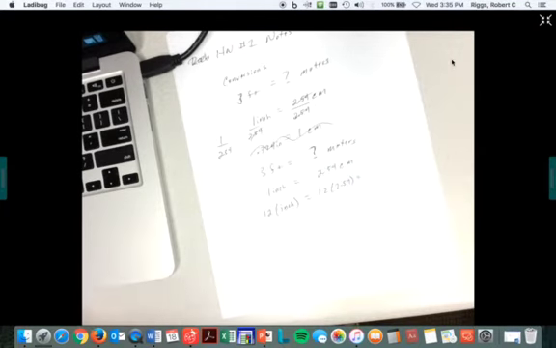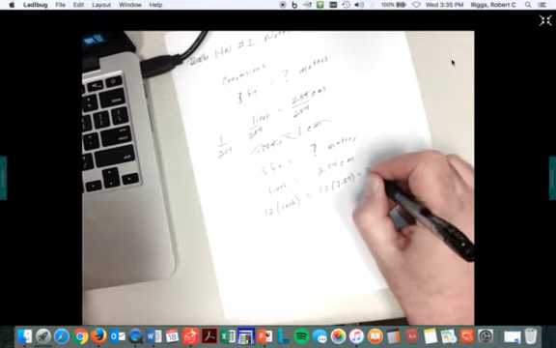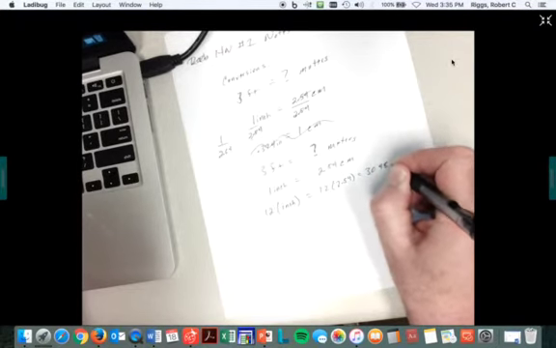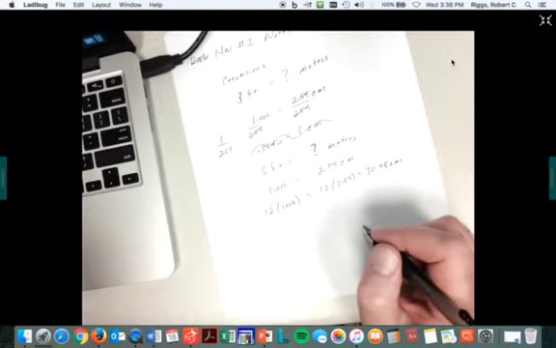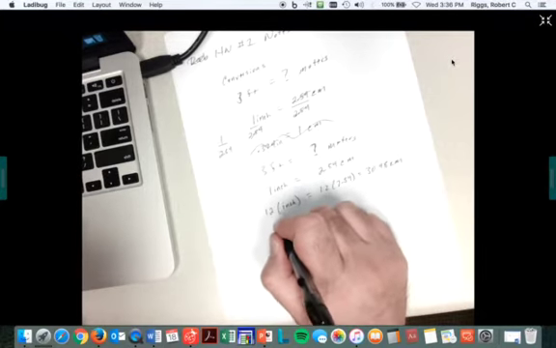So I get 12 times 2.54 is equal to 30.48 centimeters. And this gives me 1 foot.